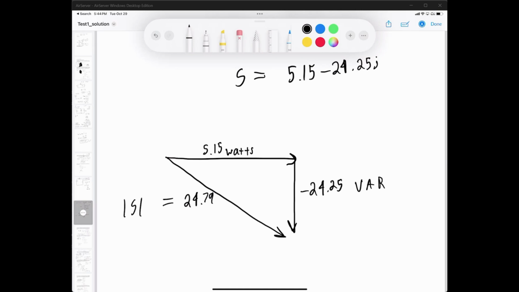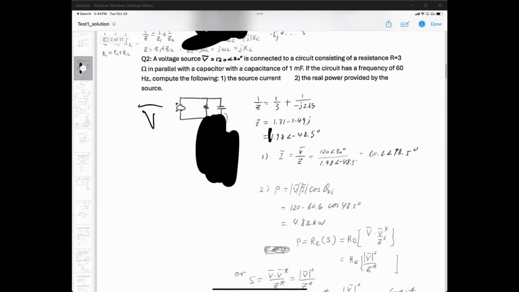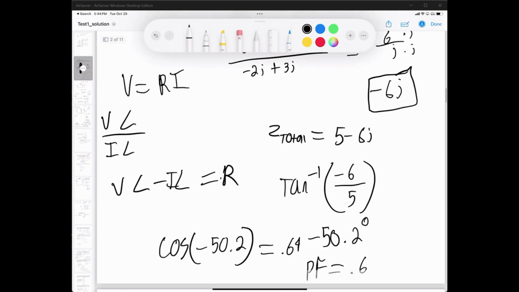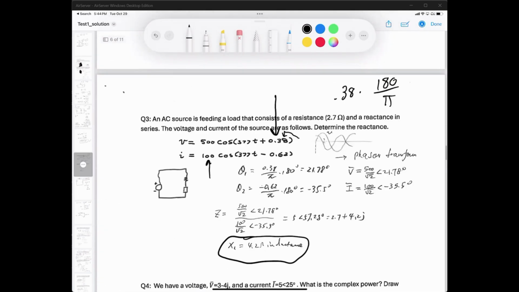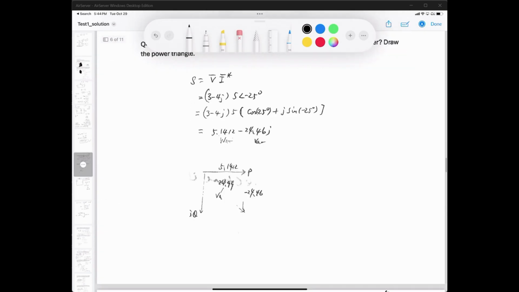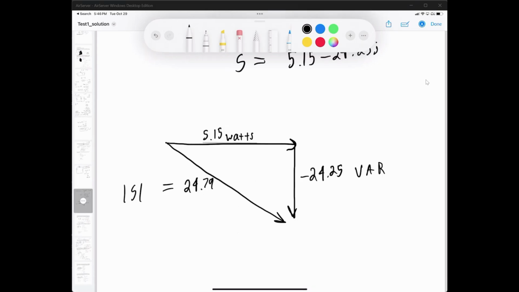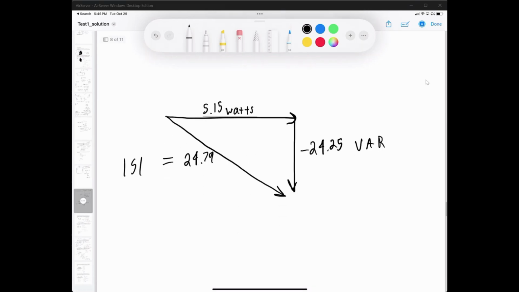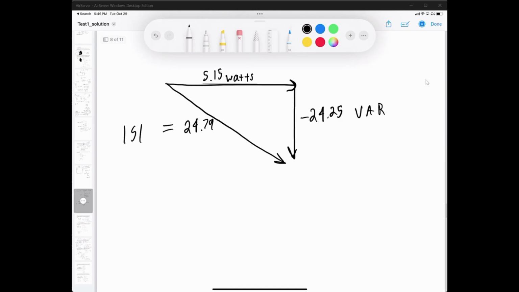Okay, how does that check out with R here? Here we go. Okay. Like I said. Right on. Okay, so we have 5.15 watts.